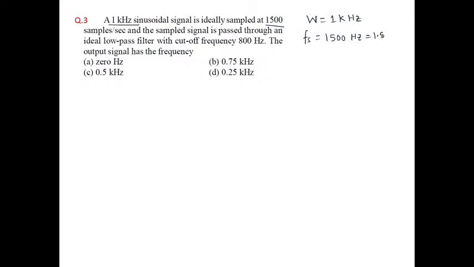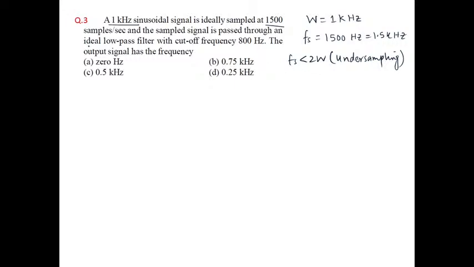This is equal to 1.5 kilohertz. Now Fs is less than 2W, which means that this is the case of undersampling. Now you must remember one thing, that in GATE examinations many questions are asked where the signal is undersampled.